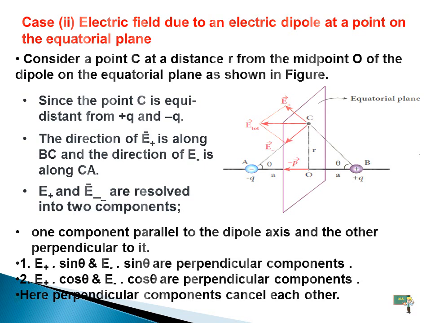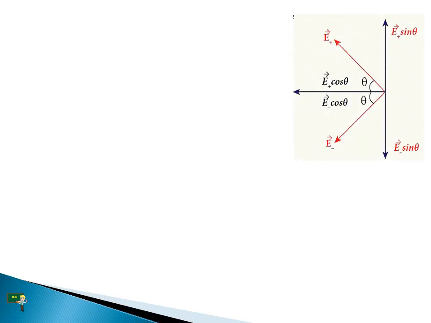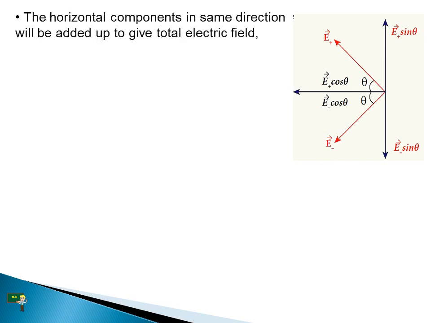Here the perpendicular components cancel each other. You can see this picture well. E plus sin theta and E minus sin theta cancel each other. The horizontal components in the same direction will be added up to give the total electric field.